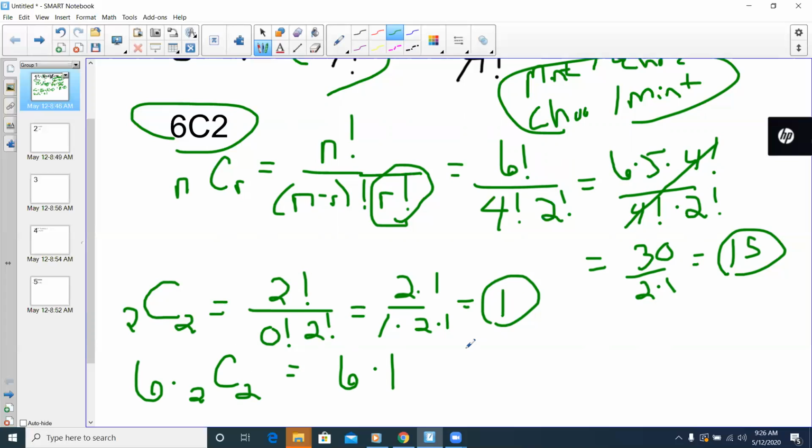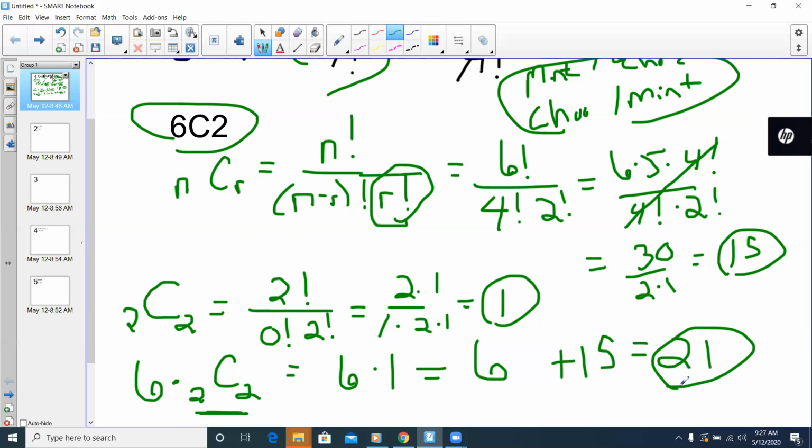So I have a total of 6 of these, and 6 times 1 is obviously 6. Then plus the 15, and that is how we get our 21. Okay, so we're going to take a look at that again a little bit later on. That is what is called a combination. So that's how we get 21 and not 30.